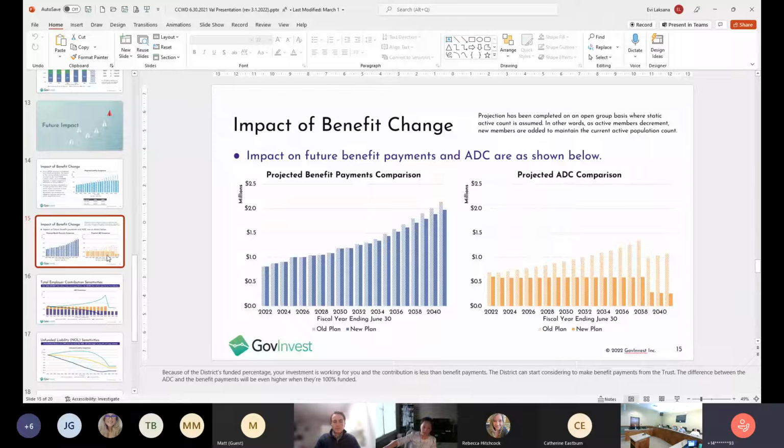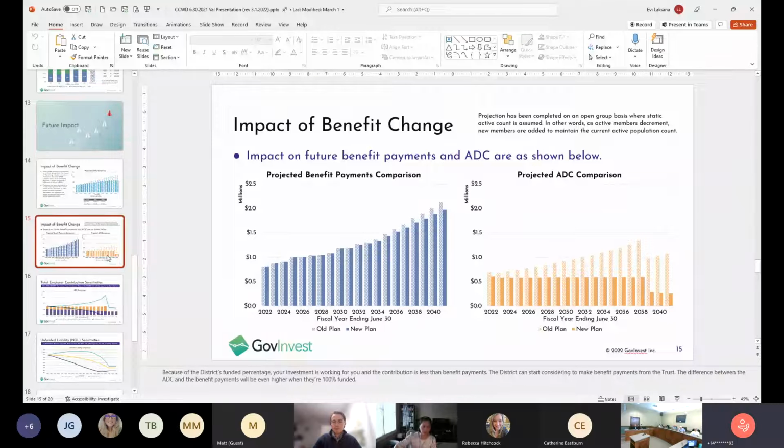So you can contribute the ADC, but then you withdraw the retiree healthcare expenses from the trust. Essentially, the net of the two is negative for the district, meaning you are getting more reimbursement from the trust compared to what you are putting into the trust.